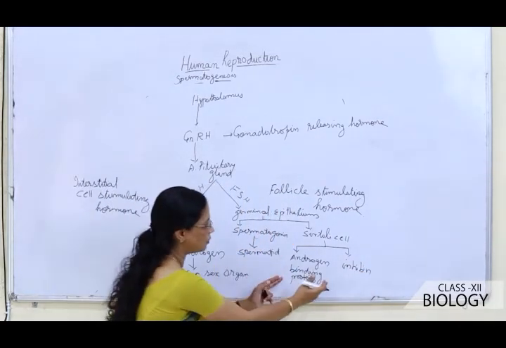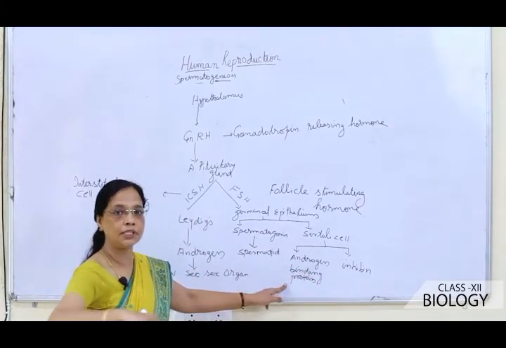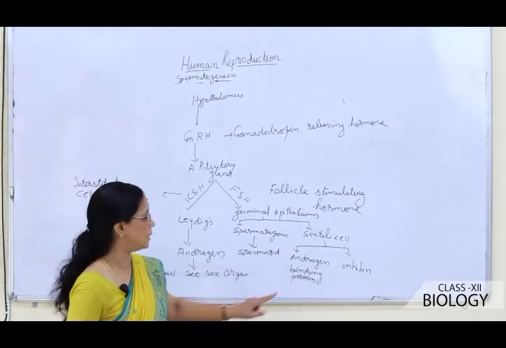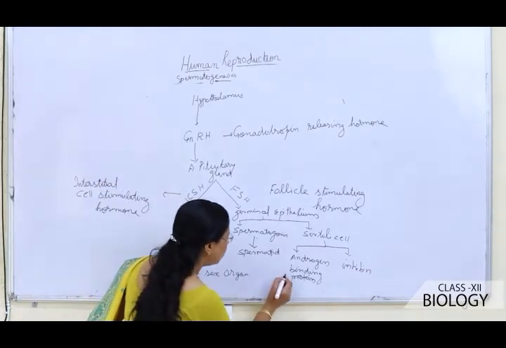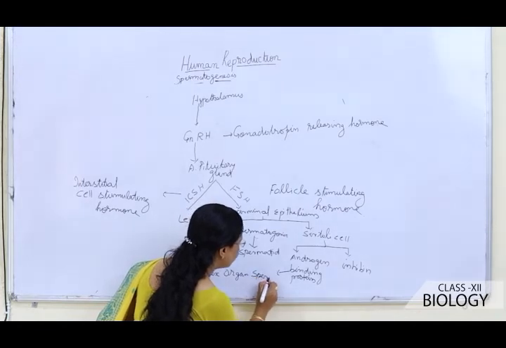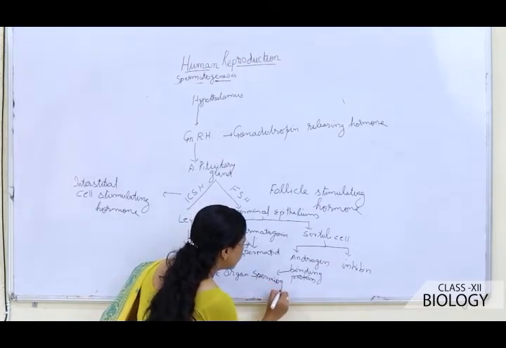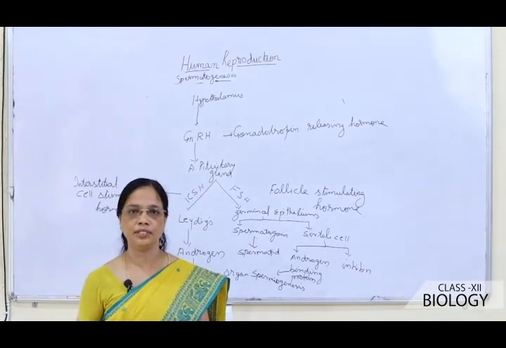What is the function of this androgen binding protein? Androgen binding protein helps in the process of spermiogenesis, that is, spermatid is converted into spermatozoa. So this helps in spermiogenesis, which is a part of spermatogenesis.